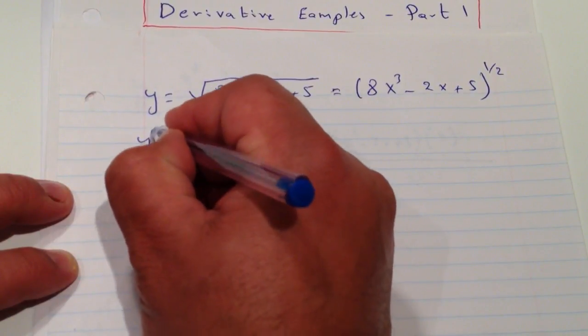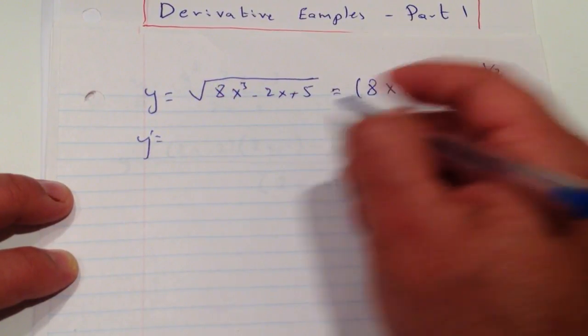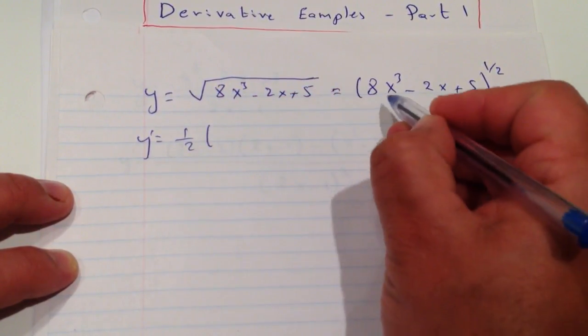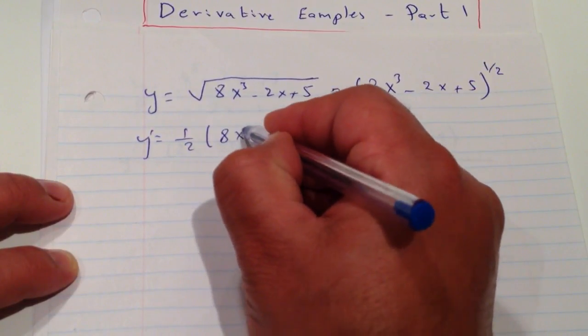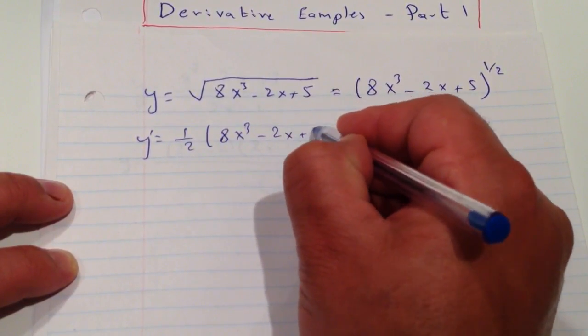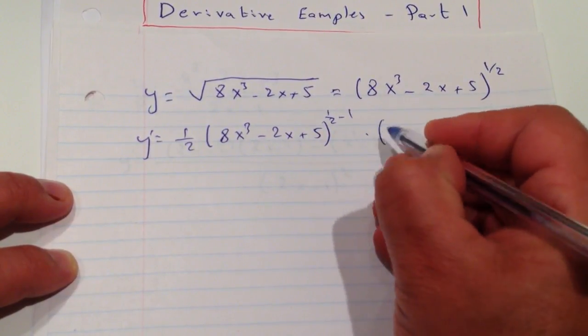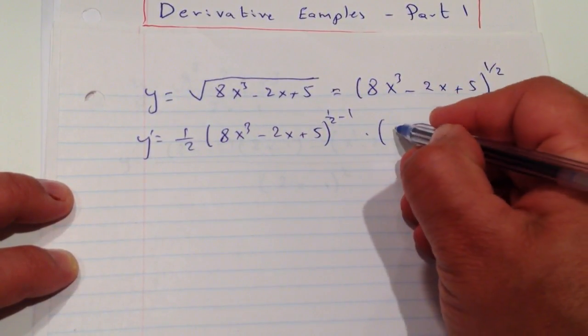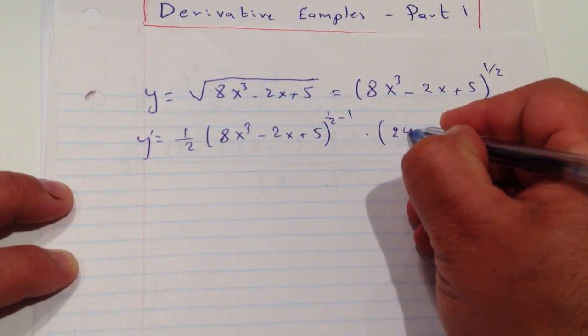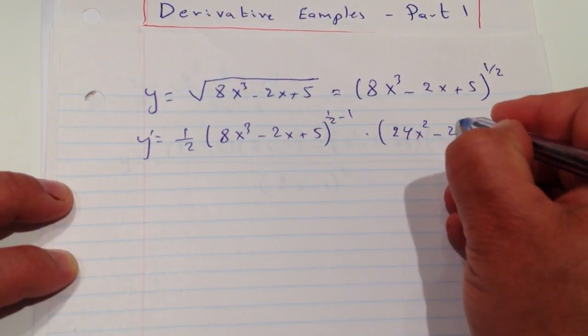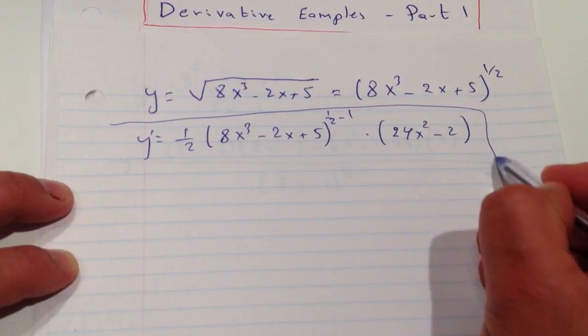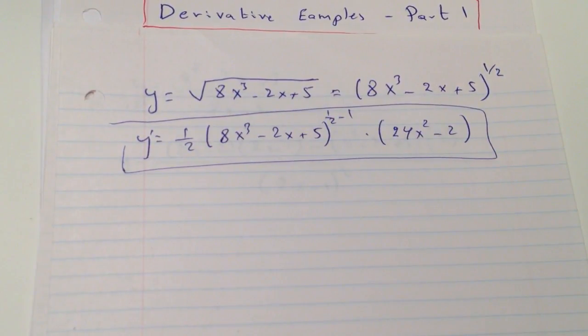So y prime is equal to 1/2 (8x cubed minus 2x plus 5) to power half minus 1, multiplied by the derivative of the inside function. So it will be 24x squared minus 2. And this is the derivative for this function.